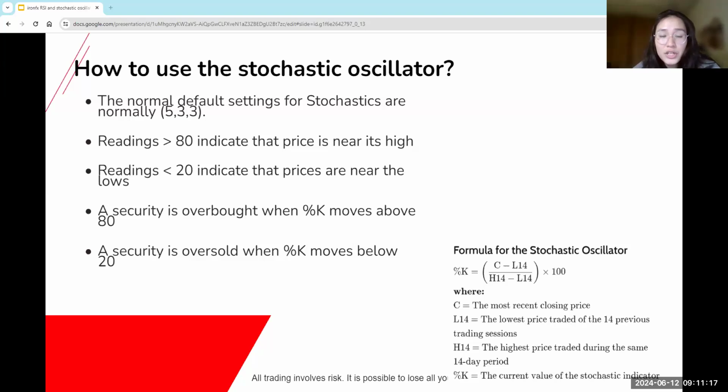A security is overbought when K moves above the 80 line, and oversold when K moves below 20. I've included the formula for the stochastic oscillator as well in case you were curious. But most of the time when you're using this indicator on MT4, MT5 or TradingView, it's normally calculated for you already. So this is just for your information.